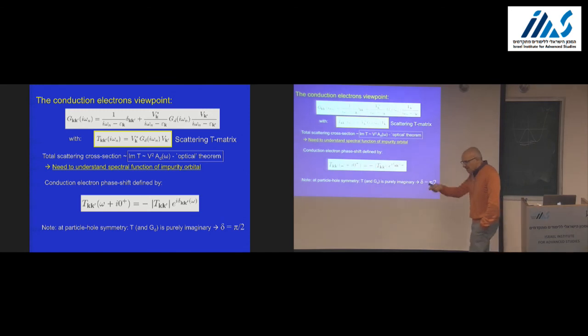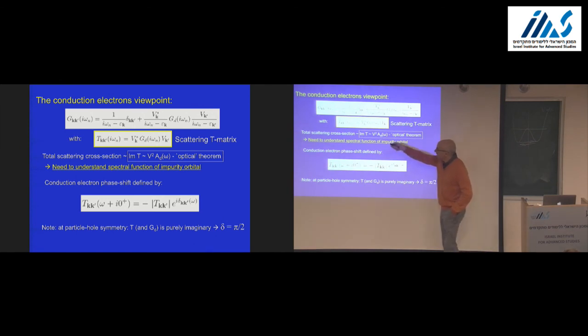In order to understand that problem, where we no longer look at transmission from a reservoir through the dot, but at scattering of conduction electrons on an impurity, we need to go back and look at the conduction electron Green's function. Fortunately, in this problem, because it's all Gaussian coupled, I can derive an exact expression that relates the conduction electron Green's function to the local impurity Green's function. This is relatively easy. I'll let you do that as an exercise. There are various ways to do that, either by functional integral or just inspecting the Feynman rules. And what you will find is this.